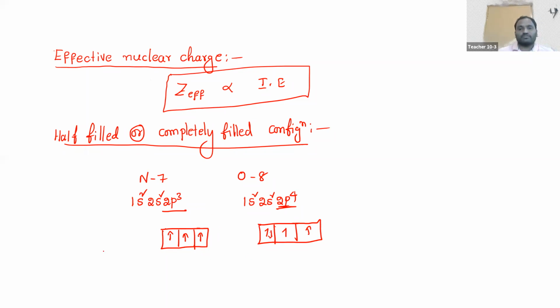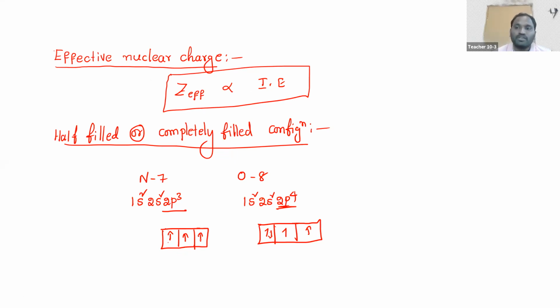Wait, students. Out of these 2 electronic configurations, which is symmetrical or stable? The correct answer: the nitrogen one is stable because half filled or completely filled atomic orbitals are more stable. Why?